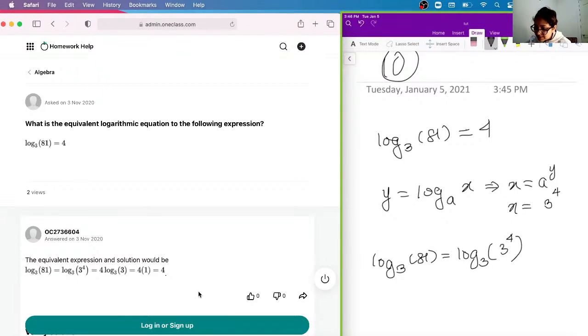And this is basically saying, since the base and x, the number, is the same, that gets cancelled out.